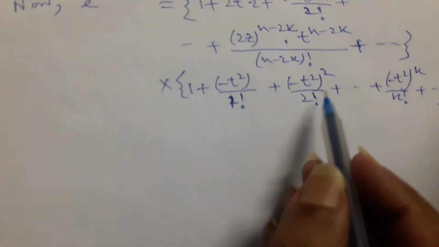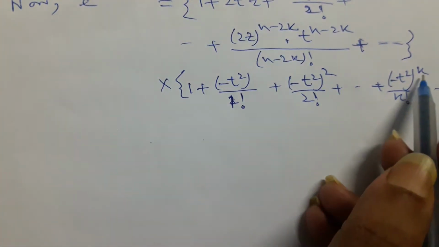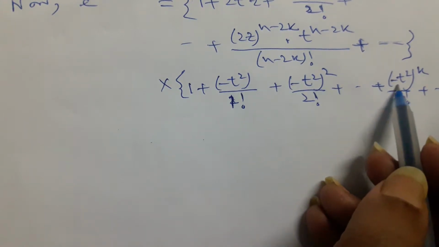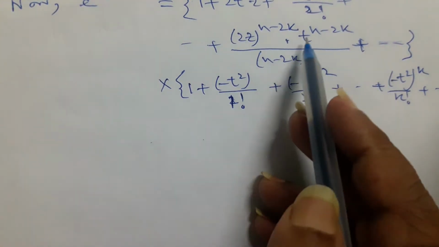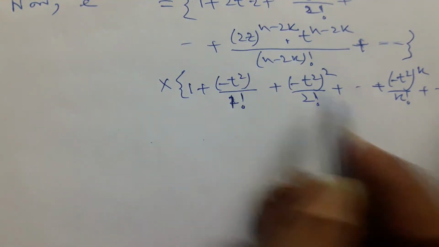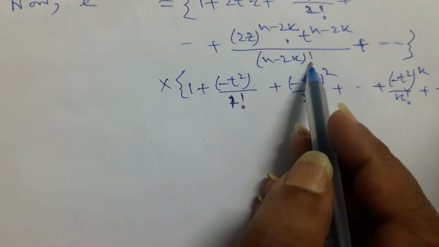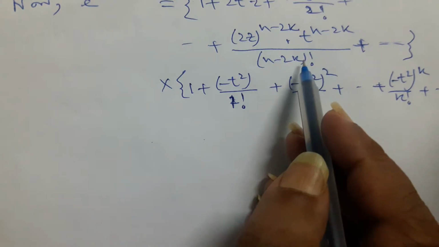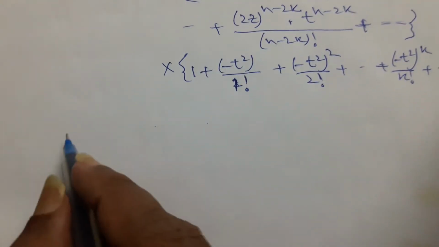And now in the following expressions, if we multiply it, minus 1 whole to the power k into this, that means twice k adjusted, so the t to the power n coefficient is k factorial by n minus 2k factorial.